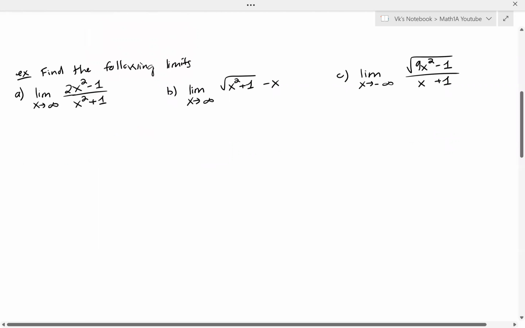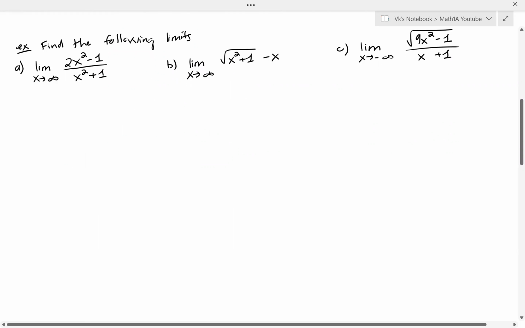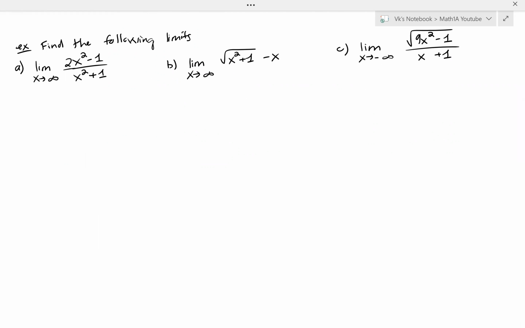Let's move on to a few more examples. We're going to figure out the following limits. In the first example, A, limit as x approaches infinity of (2x squared minus 1) over (x squared plus 1). Notice that the limit here depends on the leading terms in the numerator and in the denominator.